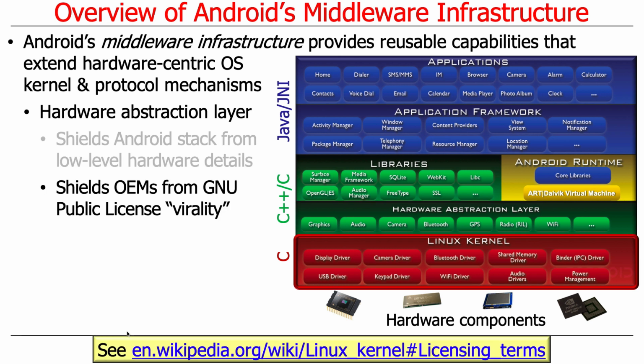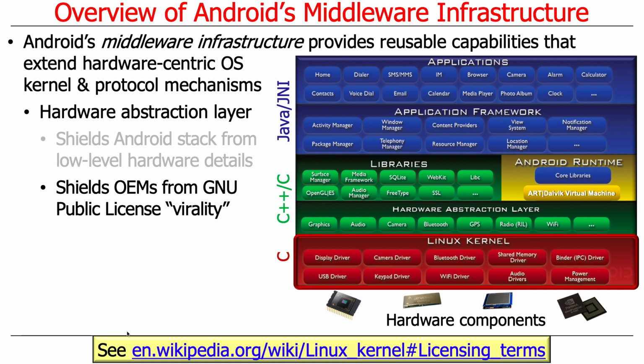The second reason that they have a hardware abstraction layer has to do with the licensing regime that's used in Android. So I think I mentioned this before. Everything that's in Linux is licensed using the GNU public license, the GPL. And that comes with some strings attached.